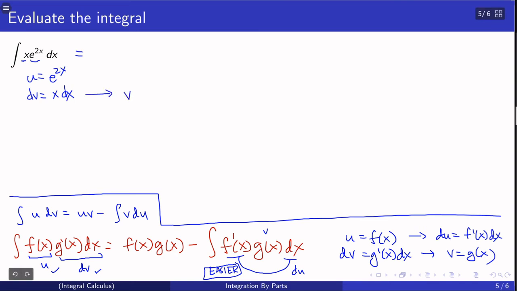It's the integral of dv, so the antiderivative is 1/2 x squared. U is e to the 2x, which means du is 2e to the 2x dx. Now using this formula, it gives me u times v minus the integral of v times du.